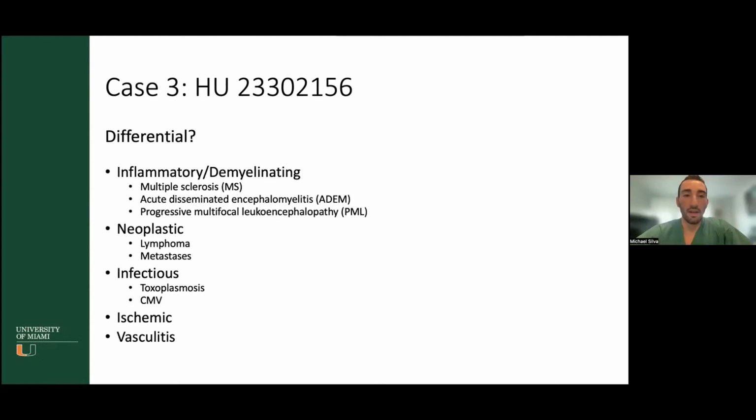Yeah, a lot of these inflammatory pathologies often follow a viral infection. I'll discuss that in depth after the pathology section. But exactly, a recent viral infection raises suspicion for a post-viral, post-infectious, autoimmune situation. That's why inflammatory and demyelinating pathologies are at the top of the differential here.